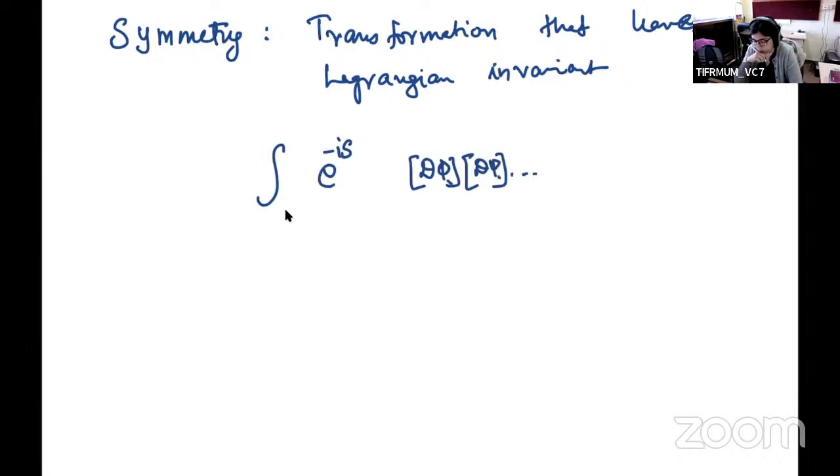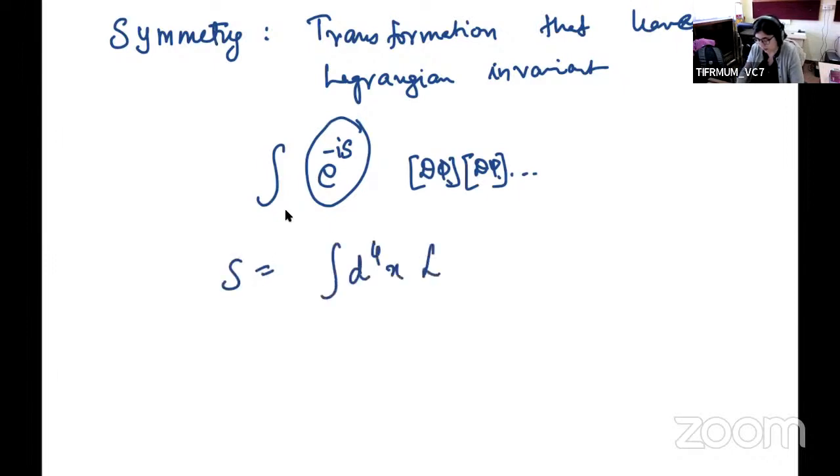So if you've looked at this before, you know that there is this kind of an amplitude term, which essentially gives you the probability of a particle following a particular path, which is given by this action integral, right? And the action integral S is always given by the integral of d4x L, where L is the Lagrangian density.